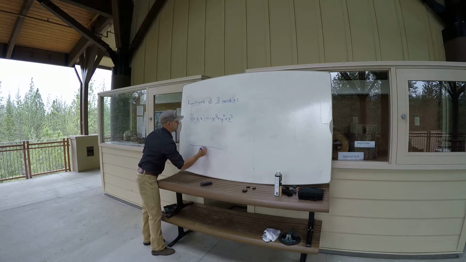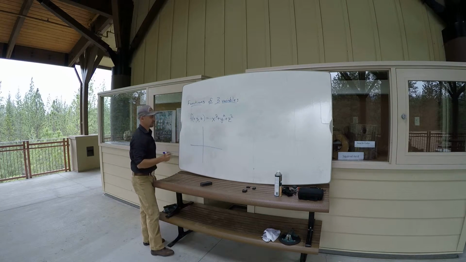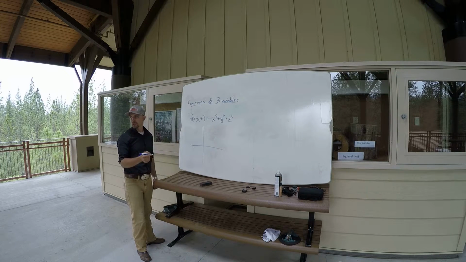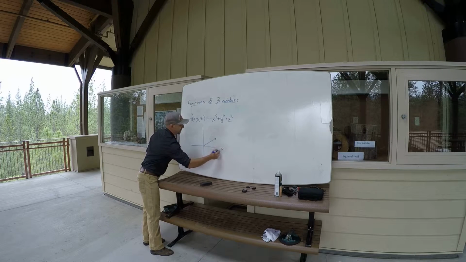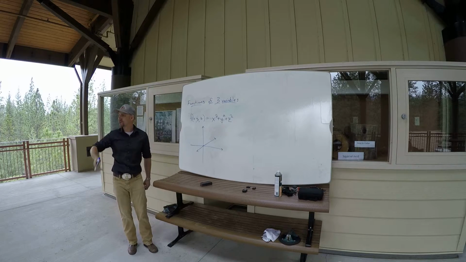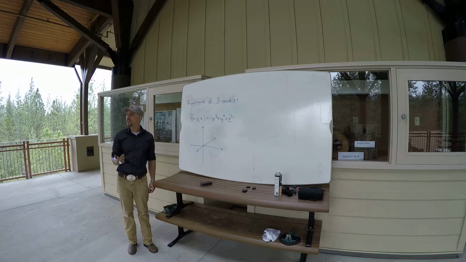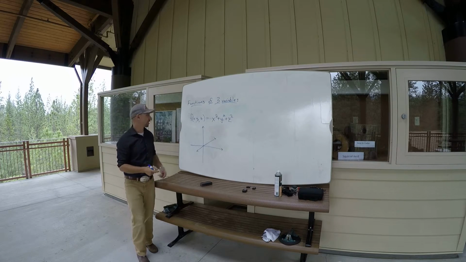In 2 variables, I needed 2 dimensions to draw level curves. So for 3 variables, I'm going to need 3 dimensions to draw level curves, 3-dimensional slices. So I'm going to take a 4-dimensional object, slice through it, and get a 3-dimensional object, right?